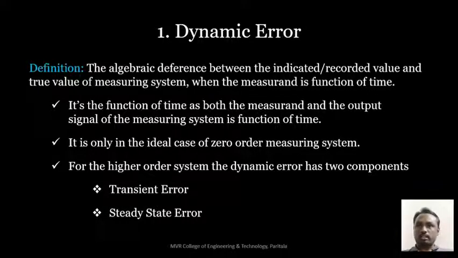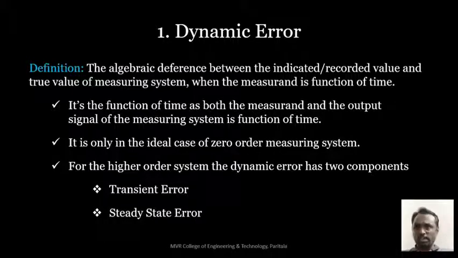So the error that occurs suddenly, when you are giving the input, at that time it can show some error that can be called transient error. Sometimes the needle will go in the upward direction and thereafter it will come back, so that it will become stable at some place. Even after becoming stable, it might not show the true value.